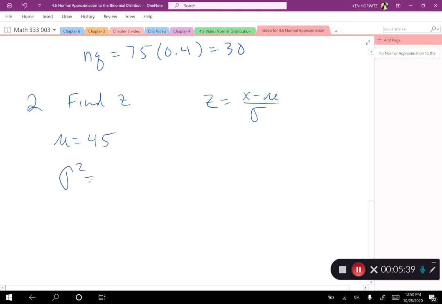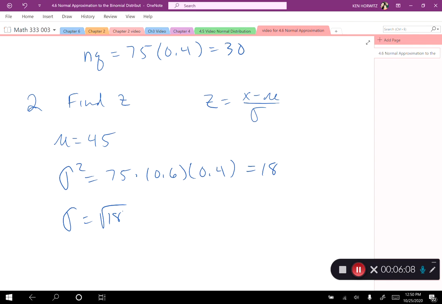Our variance is going to be 75 times 0.6 times 0.4, which equals 18. So our standard deviation equals the square root of 18. And you can convert that to a decimal, but I would definitely endorse not rounding as long as possible.